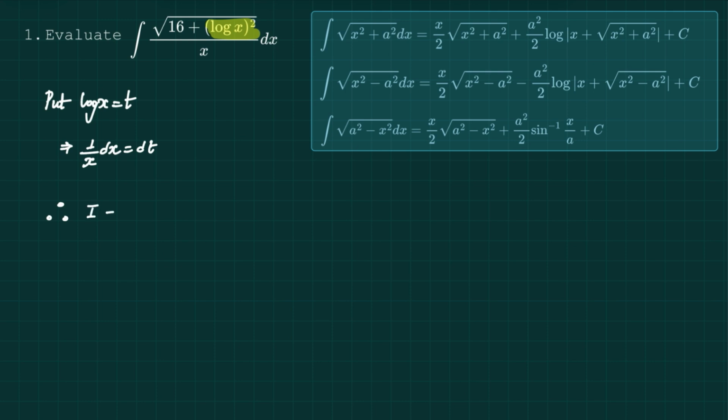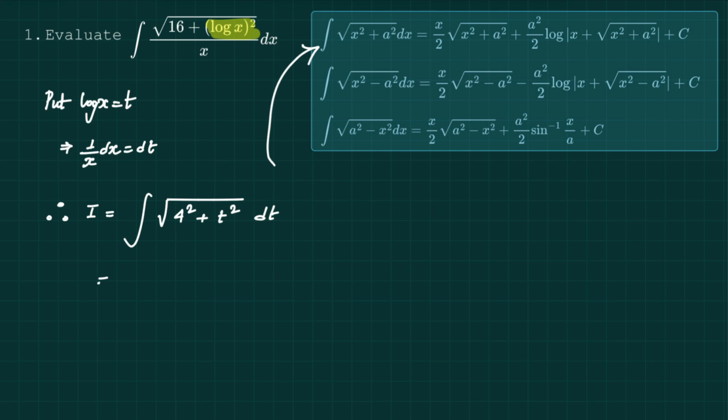Therefore integral I equals integration of square root of, 16 can be written as 4 square, plus log of x is t square, and dx over x is dt. Now this is in the form of the first formula, that is integration of square root of x square plus a square.